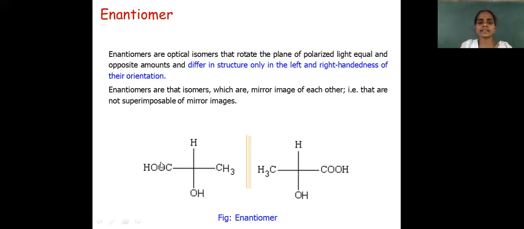Here I took one example. This is the example where the isomers are non-superimposable, and one enantiomer is the mirror image of the second structure. Such mirror images and non-superimposable structures or isomers are called enantiomers.